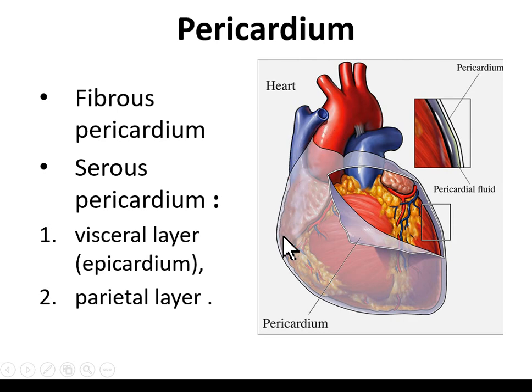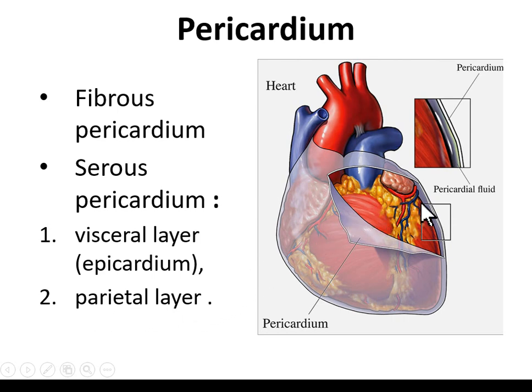The heart is protected by the pericardial sac, or pericardium. The pericardium consists of two layers: the fibrous pericardium, the outer layer, presented by dense connective tissue. It continues into the adventitia of the vessels. Then the inner serous pericardium. The serous pericardium, like all serous membranes, consists of a visceral layer, the epicardium, and a parietal layer.